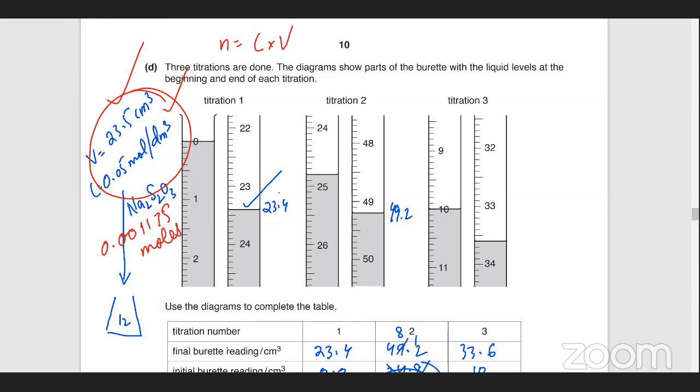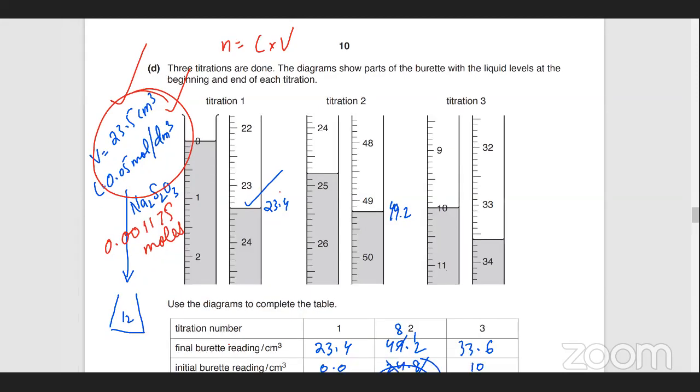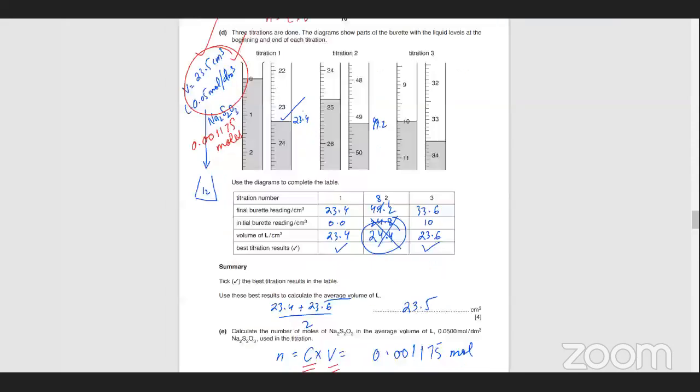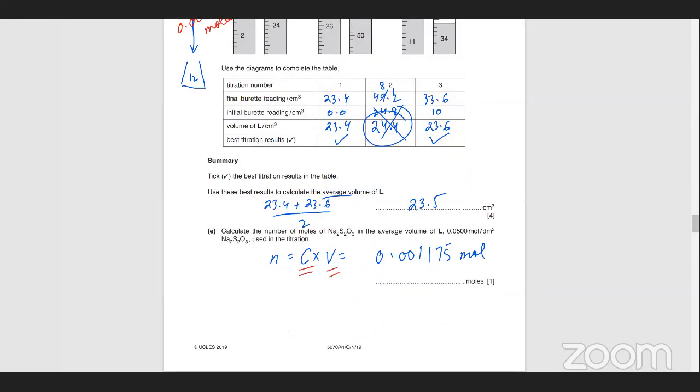There is another method of solving this, and that's ratios. But if you do concentration into volume, you'll find moles. Mass is not given here, concentration and volume are given. For solutions, if a solution is given, moles is concentration multiplied by volume.